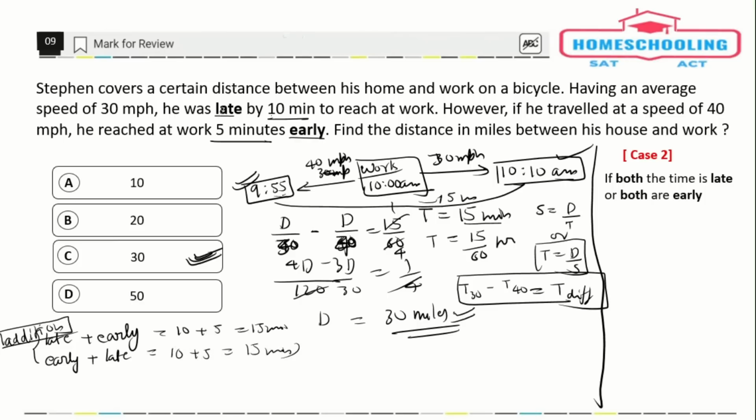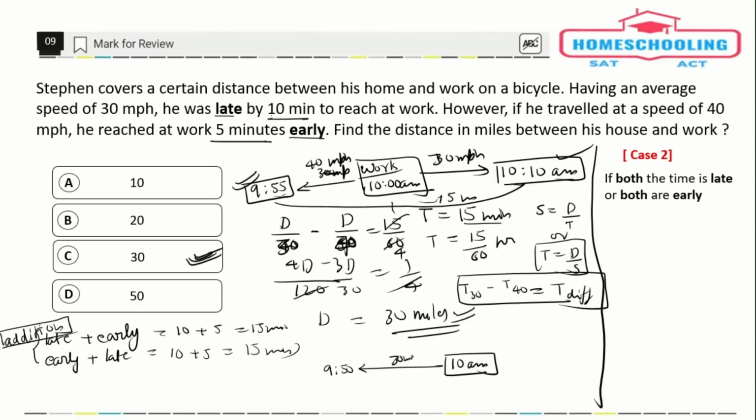But instead of one late and one early, if both of them are late or both of them are early, let's take this is 10 a.m. For 30 miles, it was late by 10 minutes, so that is 9:50.